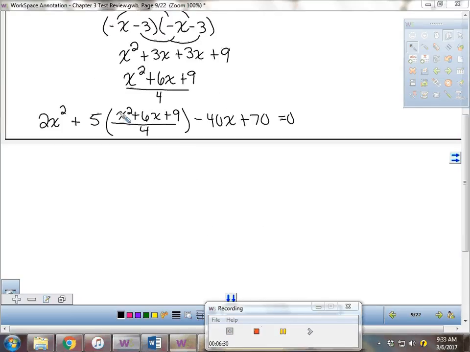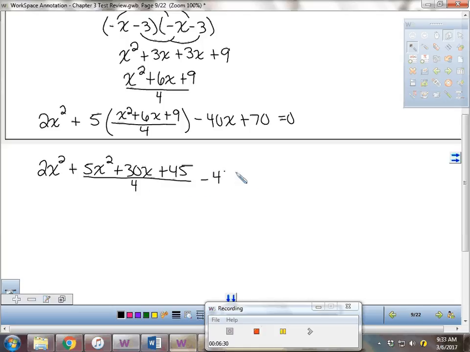All right, so distribute your 5 through the top here. So you get 2x squared plus 5x squared plus 30x plus 45 all over 4 minus 40x plus 70 equals 0. All right, so because we have a 4 on the bottom, you need to go through and multiply every single term by 4.